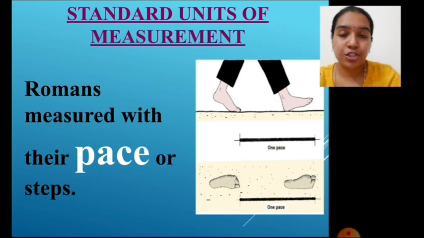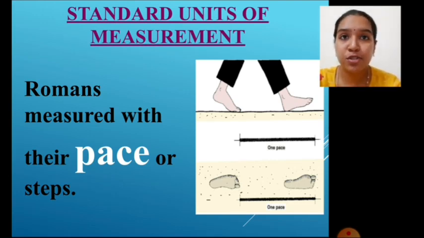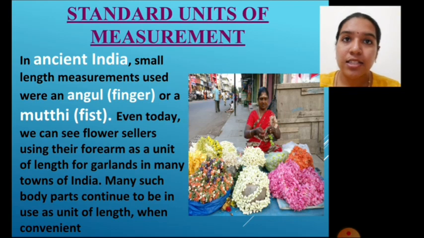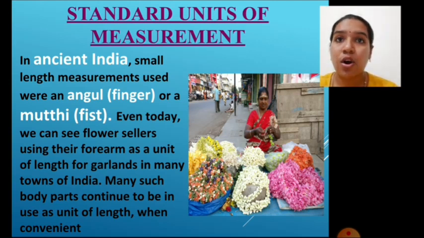The other ancient unit of measurement was the pace. The Romans measured distances with pace, or the number of steps. In India, till today, flower vendors sell flowers in measurements of a finger or fist.